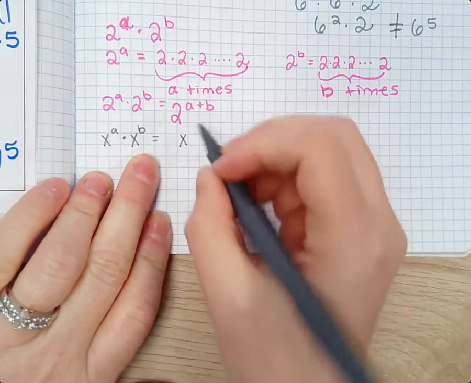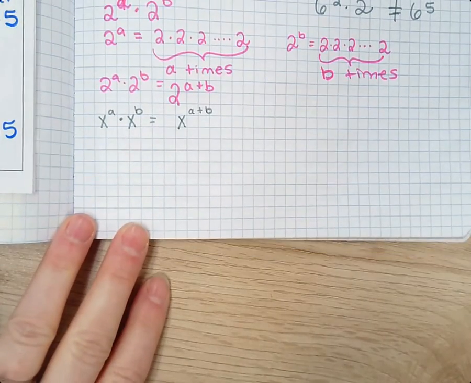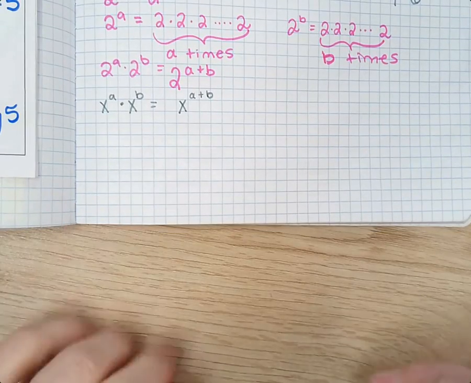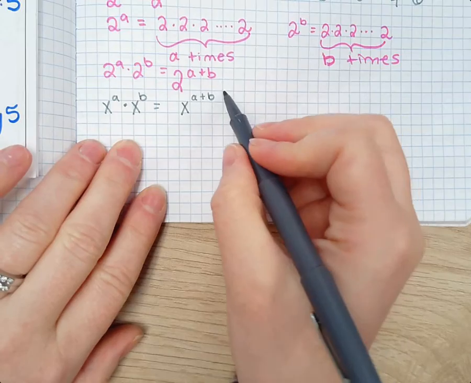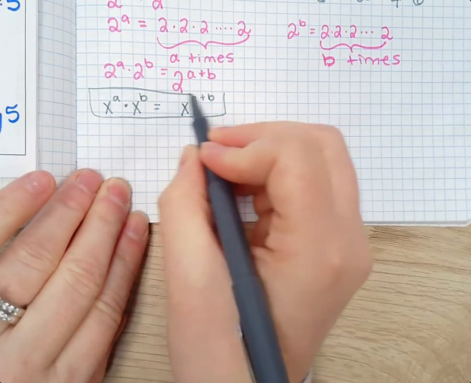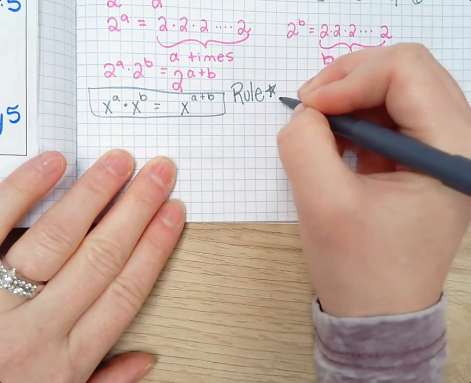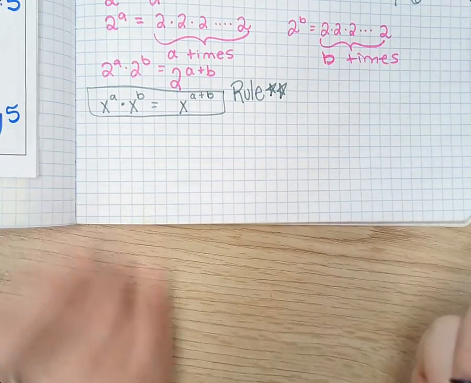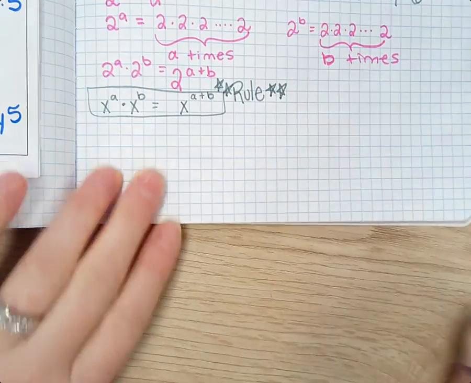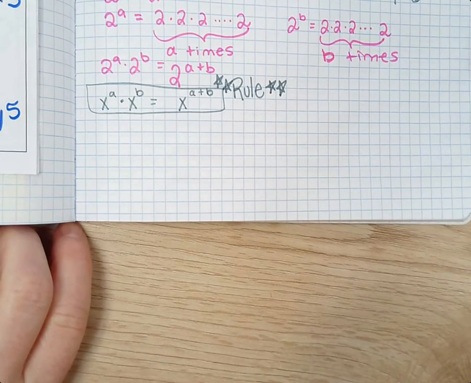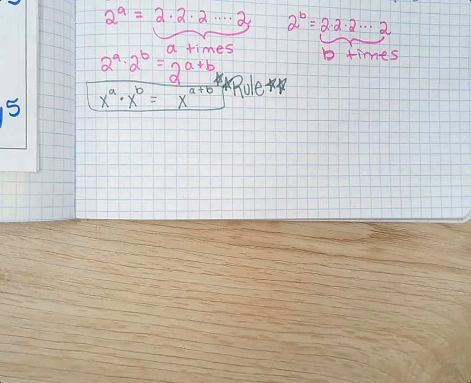So this would be x to the a plus b. So this is kind of our rule. This is pretty important. Okay, I just have 2 more problems for you.